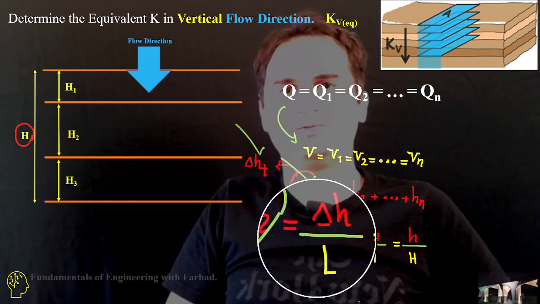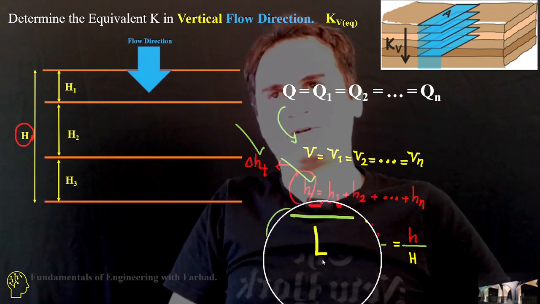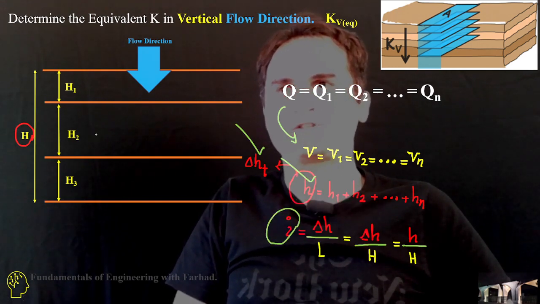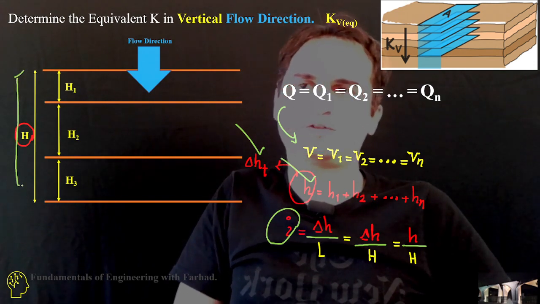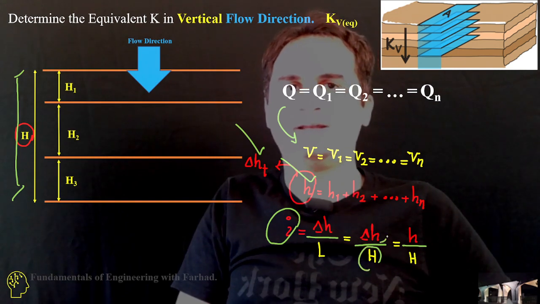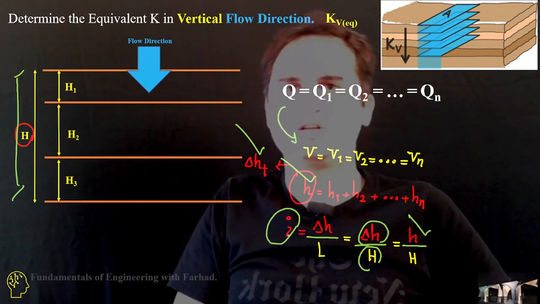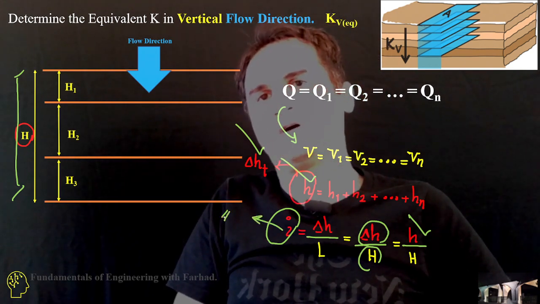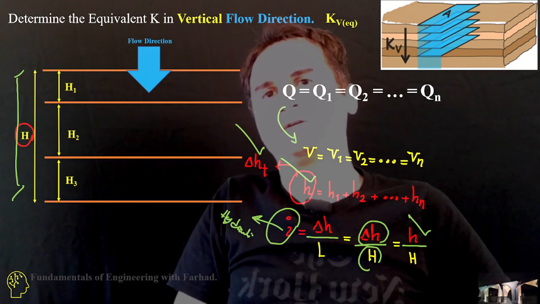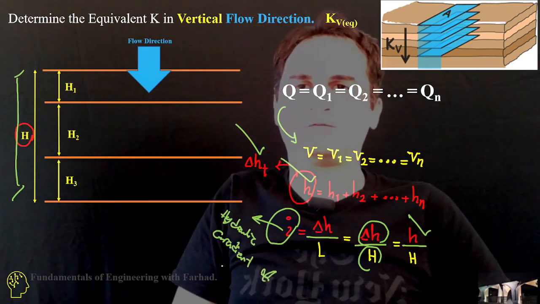I is equal to delta H over delta L, head loss over the length of travel. If we consider the length of travel for the whole layer as capital H, and delta H as lowercase h, then lowercase h over capital H is the representation of our hydraulic gradient of soil.